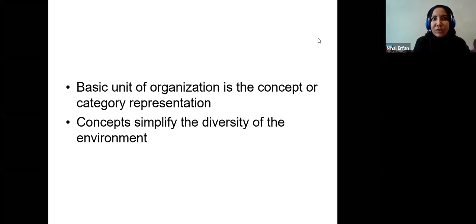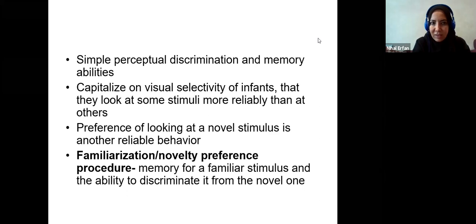To understand that things can go in groups really helps to simplify the environment. So you need to be able to recognize and note the difference and note what's similar, and then you move on to making a categorization. So again, perceptual discrimination and memory abilities. These are simple needs that you require in order to do such a task.